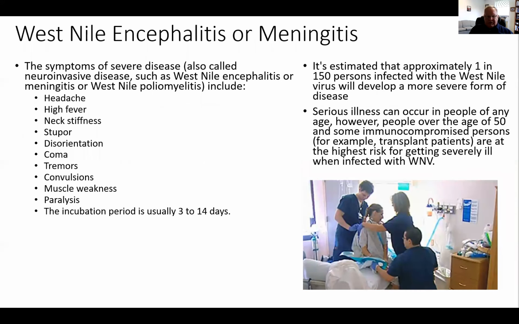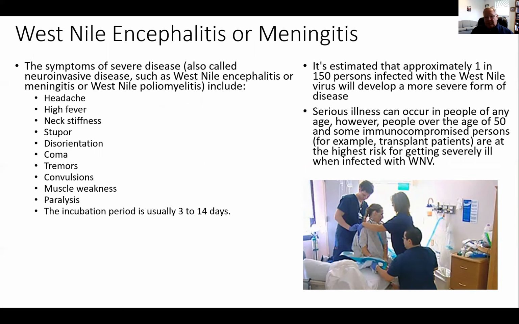West Nile encephalitis or meningitis is a very severe disease, also called neuroinvasive disease, such as West Nile encephalitis, meningitis, or West Nile poliomyelitis. It includes headache, fever, neck stiffness, stupor, disorientation, coma, tremors, convulsions, muscle weakness, and paralysis. The incubation period is usually 3 to 14 days.